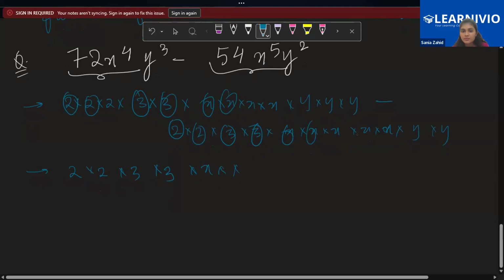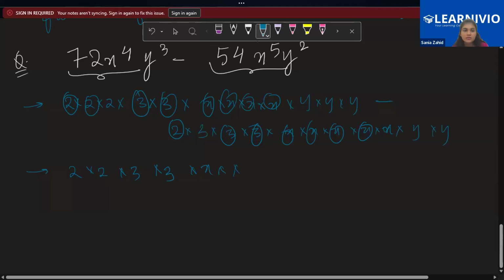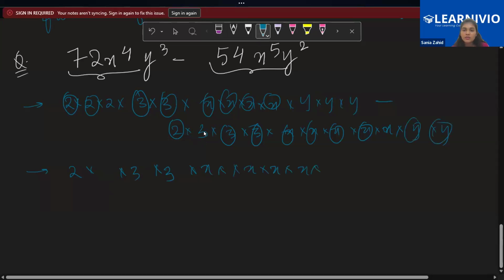Ma'am, for 54, it will be 2 into 3 into 3 into 3. Okay, is it like that? Yeah. So we are getting 2 only once and 3 twice, right? Then y, how many times common? 2 times only. Okay, in the bracket now what is left? 2y is left minus 3x is left.